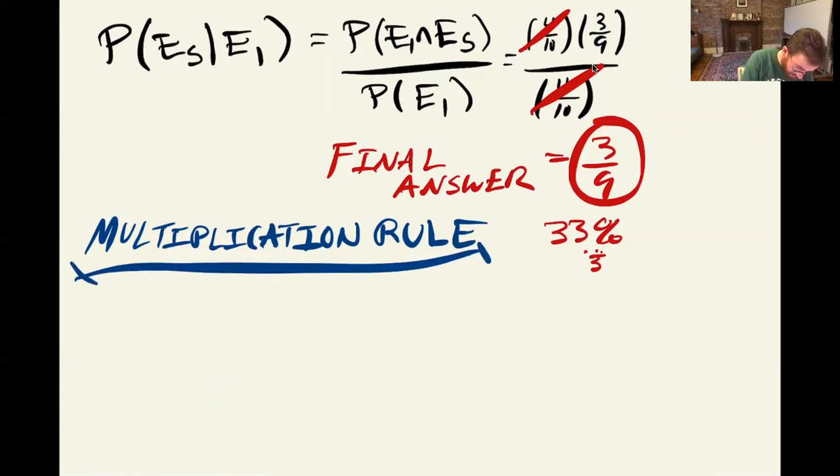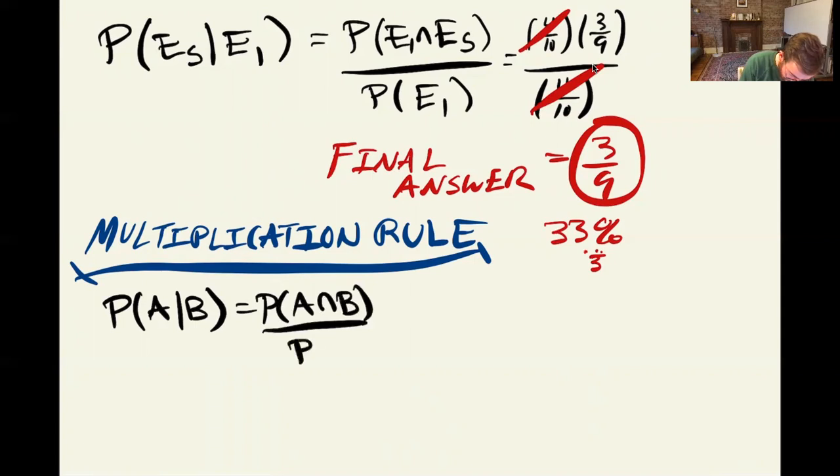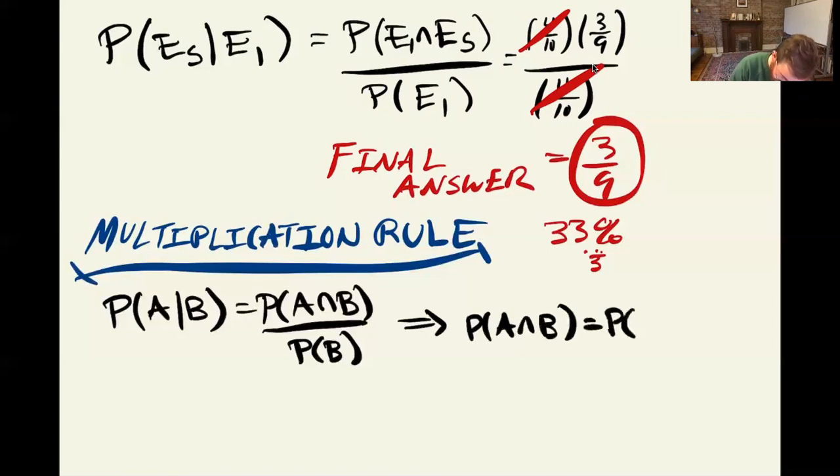We know that the probability of an event A, given that B occurs, is equal to the probability of A and B divided by the probability of B. But we can also reverse this by saying that the probability of A and B occurring is the probability of A given B times the probability of B.